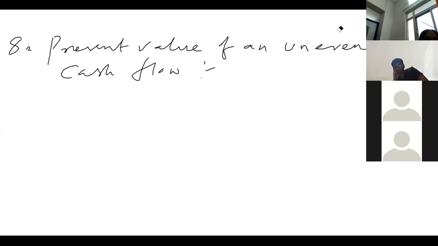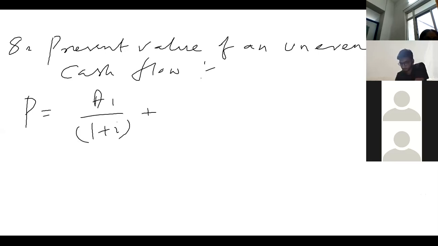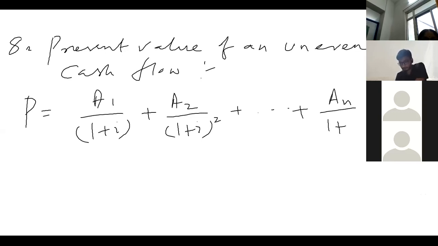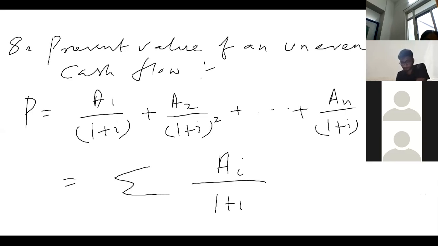Okay. So what you are going to do is, this is your first year investment, simply discount. This is your second year investment, discount. For the second year, continuing with your last year's investment, you discount. So it is the summation of A over (1 plus I) to the power t, where t is changing from 1 to n number of years.